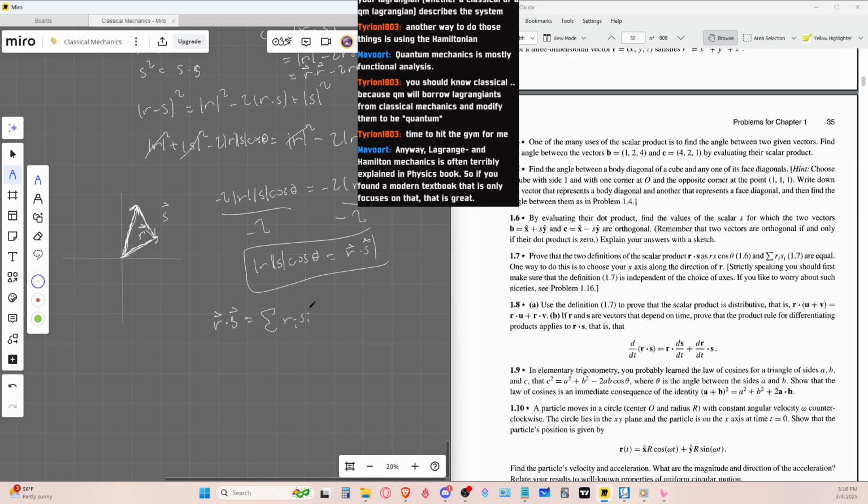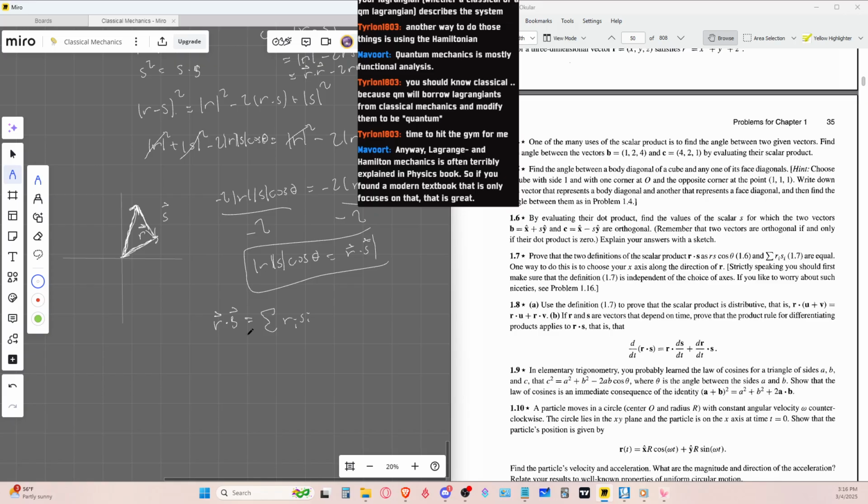That's the one thing we didn't do yet, because I think it wants us to prove both definitions of the scalar product. So we did the cosine version. Now we have to do the summation version. How would you prove that?